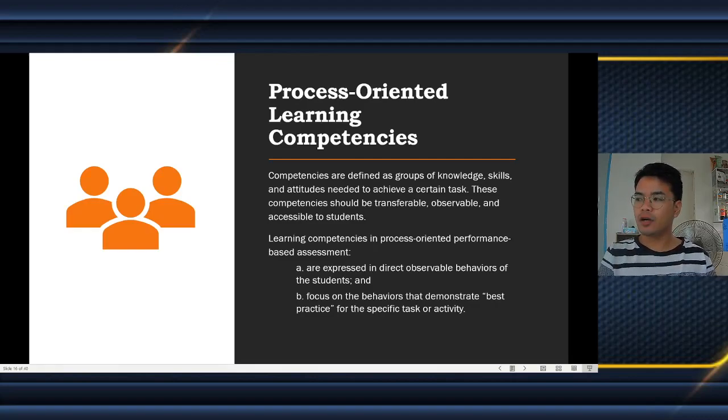So in the start of your task, okay, when you explain to your students what the task is, you have to explain to them as well what competencies are expected for them to achieve, so that they will strive on that awareness. Like, I am aware that I have to be this, I have to do this, I have to learn these things. So in that case, they will be conscious on what to be expected of them, and they will strive to achieve those competencies. Okay, that's important of explaining to your students what the competencies are.